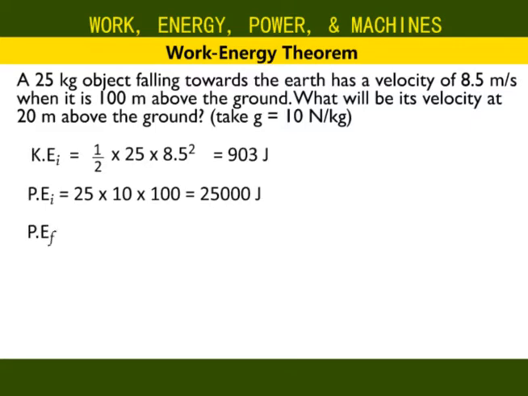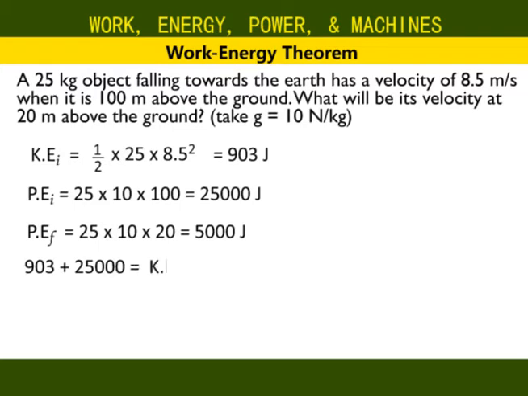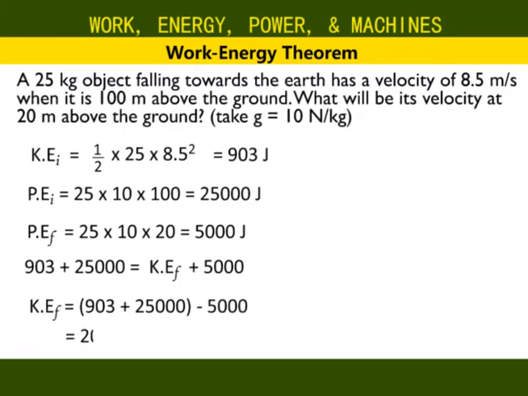Final potential energy is equal to 25 times 10 times 20, giving us 5,000 joules. According to the law of conservation of mechanical energy, 903 plus 25,000 will be equal to the final kinetic energy plus 5,000. So the final kinetic energy will be equal to 903 plus 25,000 minus 5,000, giving us 20,903.